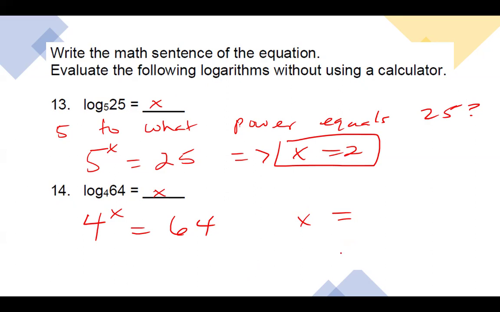Everyone? 3. 4 times 4 is 16. 16 times 4 is 64. So 4 to the third power equals 64. And we did it without a calculator.